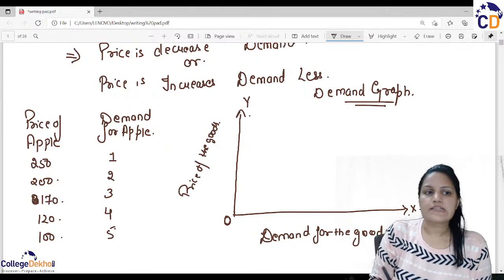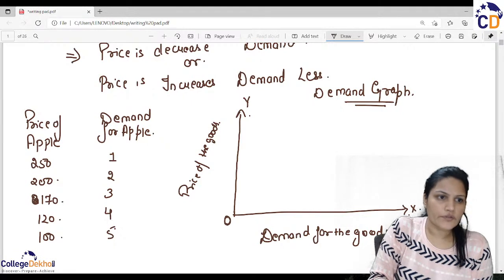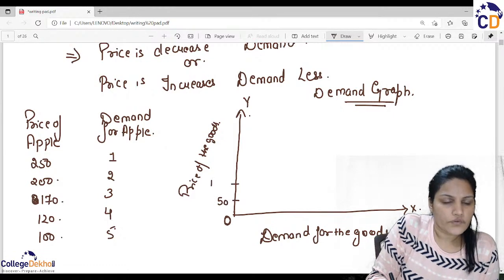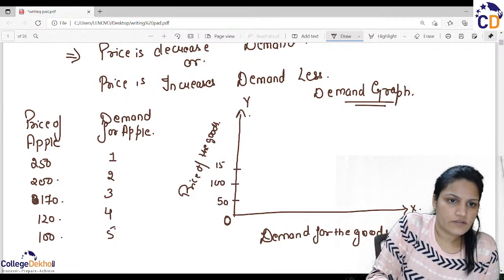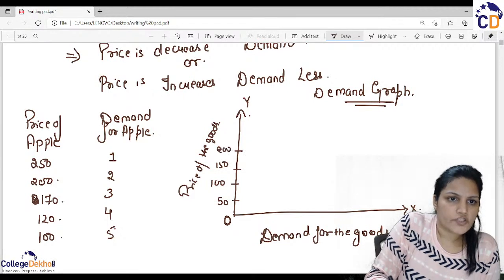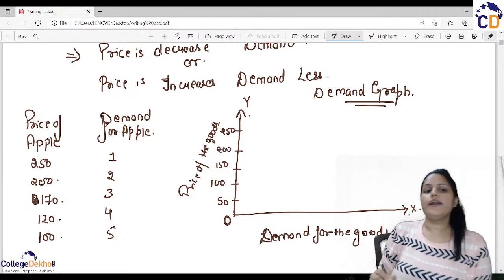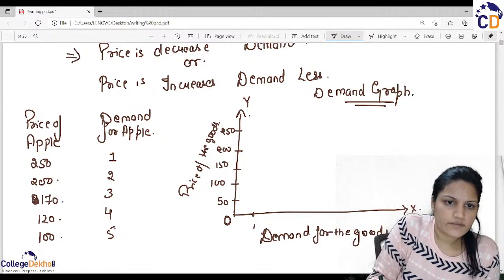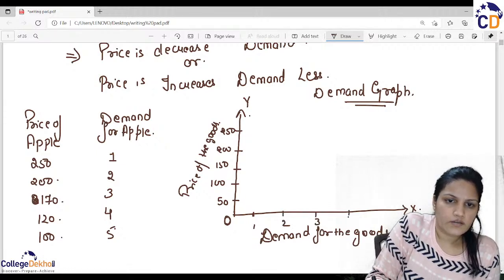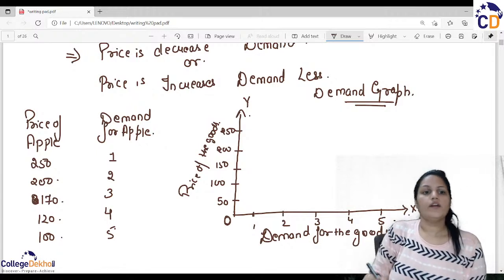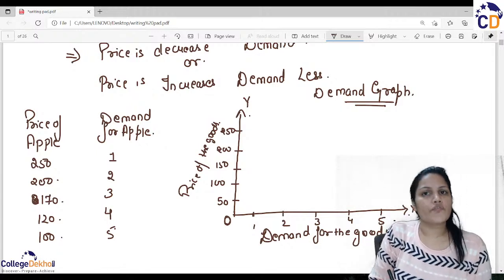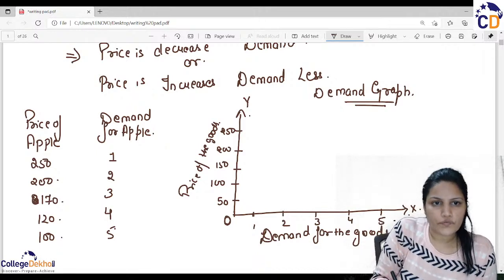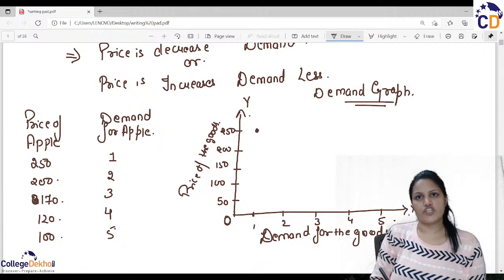So here in the price, it is 100 to 250, so I will make it 50, 100, 150, 200 and 250. And on the demand, it is equal 1 to 5, so we'll make it 1, 2, 3, 4 and 5. So at a price of rupees 250, we'll demand only 1 kg of apple. So here is 250 and we are going to plot 1 kg.